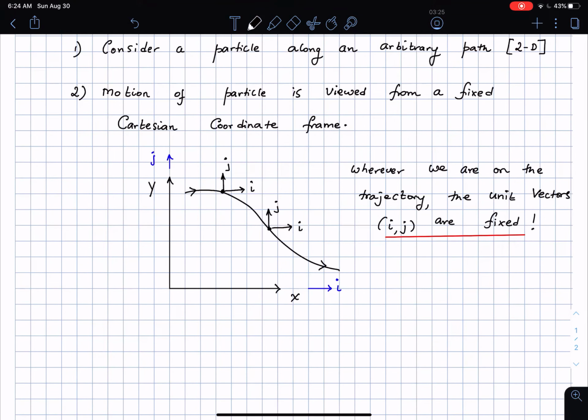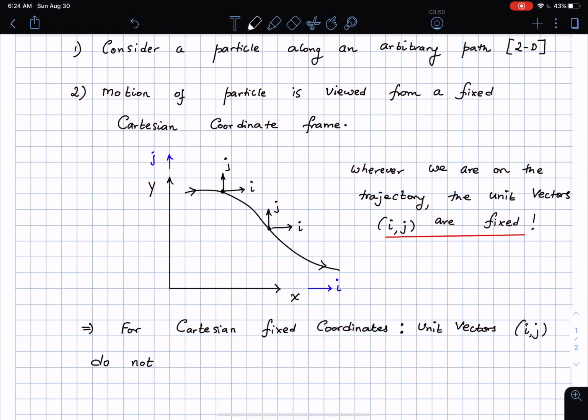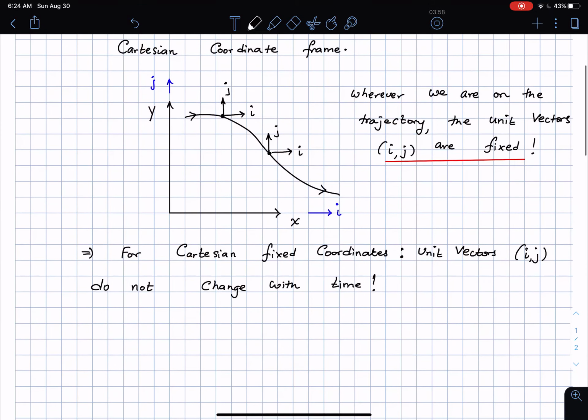So this implies that for Cartesian fixed coordinates, the unit vectors i and j do not change with time. Which means that if I take the unit vector i and differentiate it with respect to time, it is going to be 0.